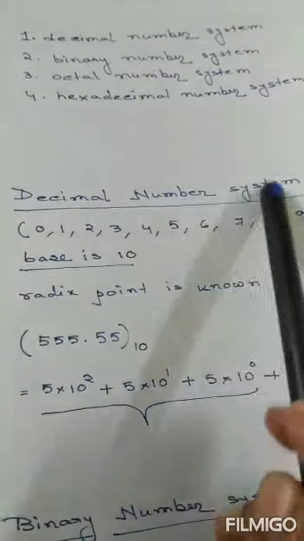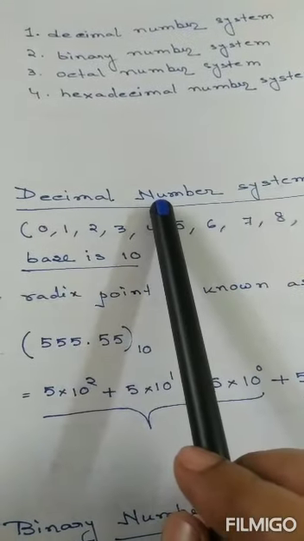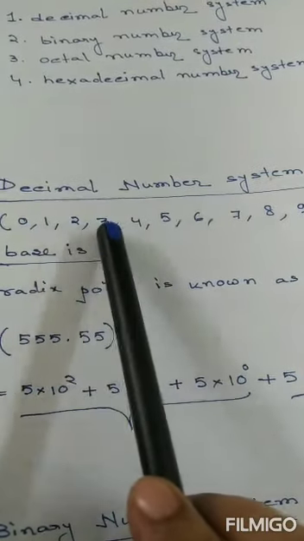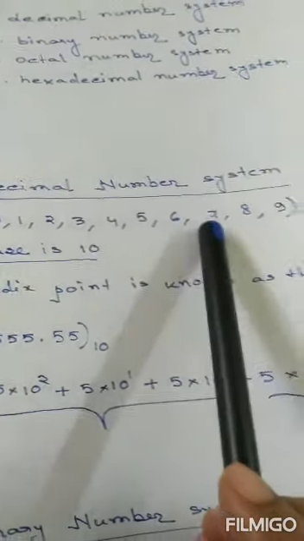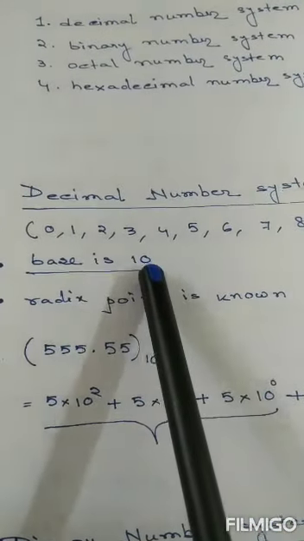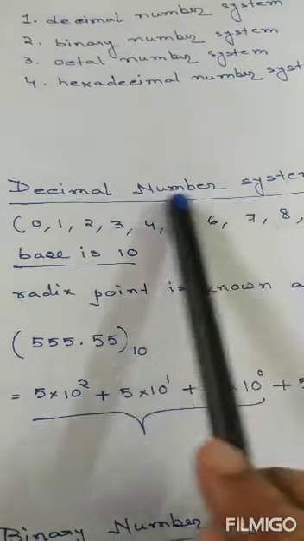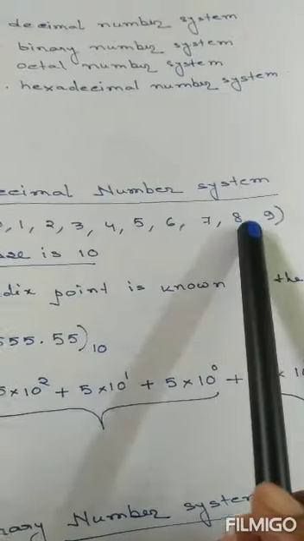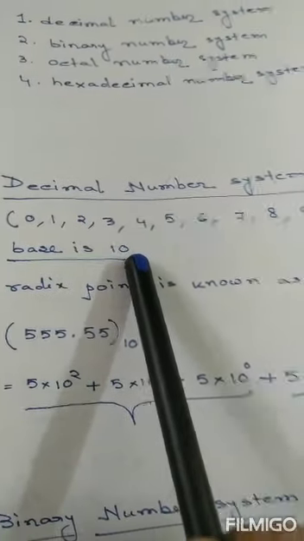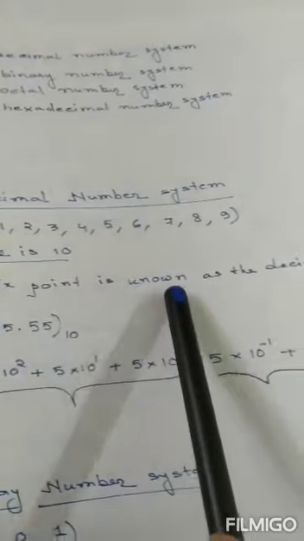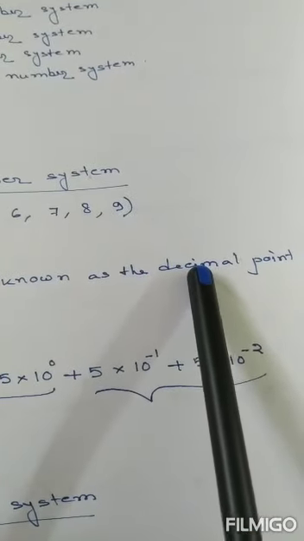The decimal number system consists of 10 digits: 0, 1, 2, 3, 4, 5, 6, 7, 8 and 9. So the base is 10. The radix point of a decimal number is known as the decimal point.